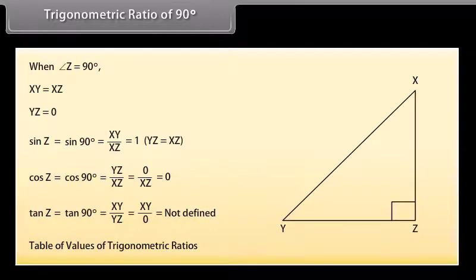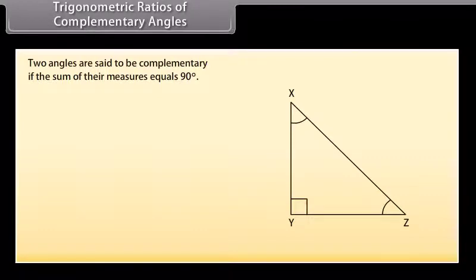Let us summarize our exercise in a table. Trigonometric ratios of complementary angles. Two angles are said to be complementary if the sum of their measures equals 90 degree. Consider the triangle XYZ, right-angled at Y. Angle X plus angle Y plus angle Z is equal to 180 degree.